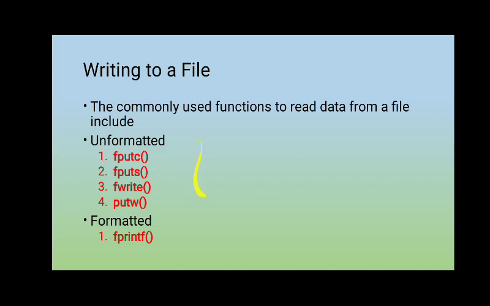These are the various functions which are used to write data to a file. Fputc, fputs, fwrite, and putw are the unformatted functions, and fprintf is the formatted function. Now let's see each function in detail.